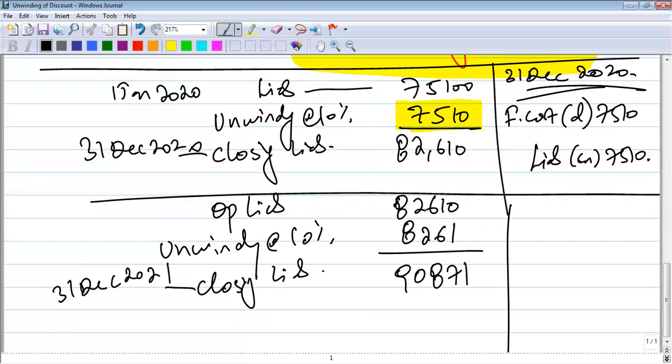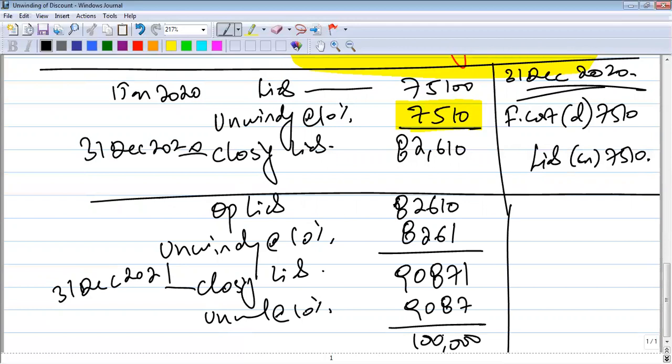Then you will have another unwinding at the rate of 10%, which would give you 9087. So approximately you would be reaching 100,000. This is not going to be exact because there's a rounding off error with respect to my calculations. So the closing liability is going to be 100,000 at 31st December 2022.